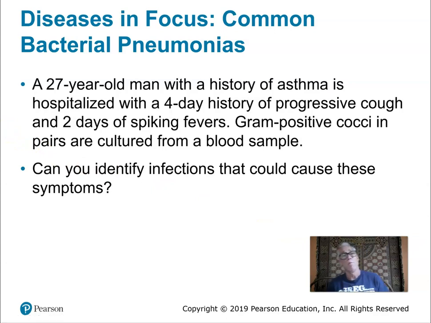Here's a 27-year-old man with a history of asthma, hospitalized with a 4-day history of progressive cough. After 2 days, spiking fever, gram-positive cocci in pairs, cultured from a blood sample. What could it be? And so we have gram-positive cocci, limits us a great deal. And from what we've been talking about in this chapter, we're looking at Streptococcus pneumoniae.